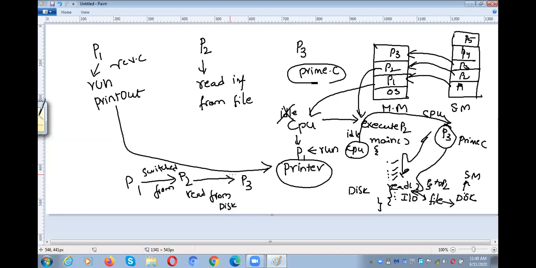After the disk operation, P3 is switched back to P2 to complete the remaining program. Likewise, CPU is switched from P1 to P2, P2 to P3, and again P3 to P2. CPU is always busy because we have multiple programs in the main memory.